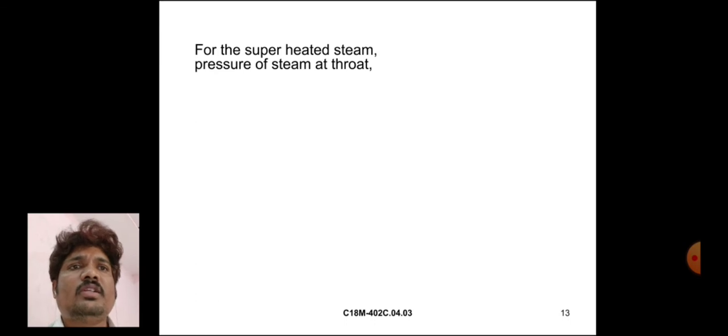For superheated steam, the pressure of steam at throat, P2 by P1, is equal to 0.546.